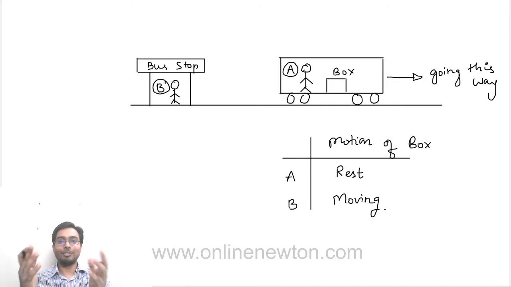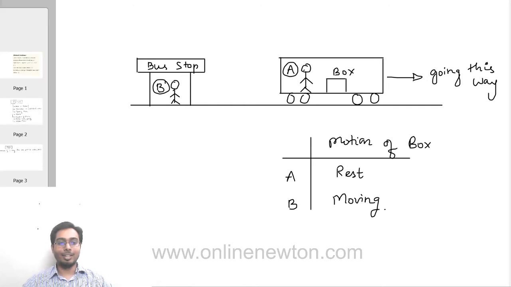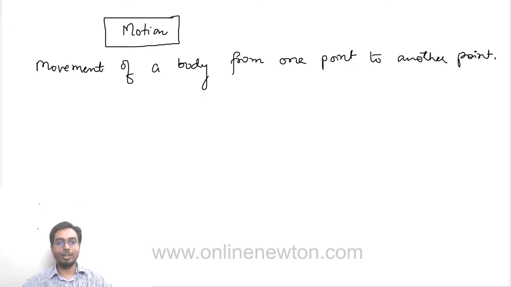Actually both of them are right in their own perspectives. And that's where we have to understand that motion of a body is not absolute. It depends on the observer also. So we need to redefine, or better our definition. Rather than just calling it movement of a body from one point to another, we should make this definition better.